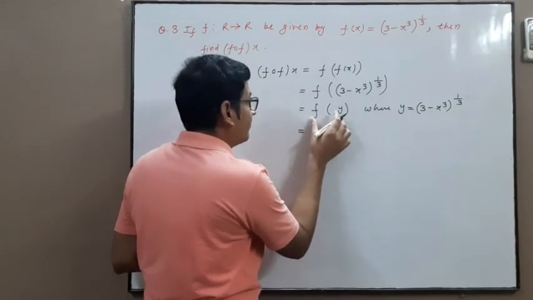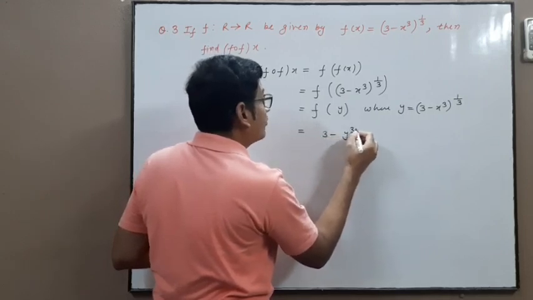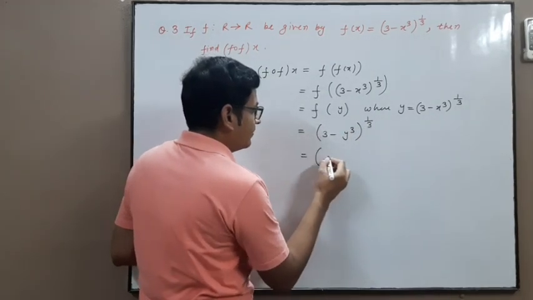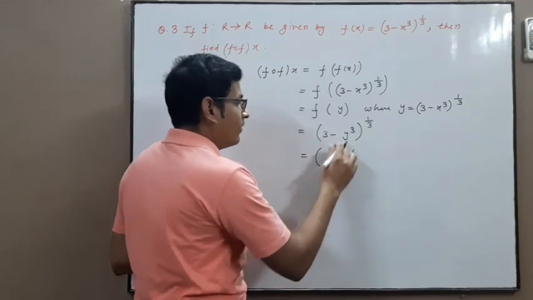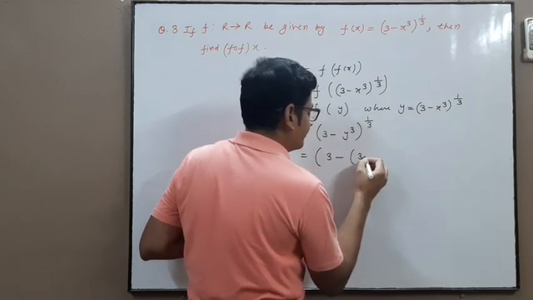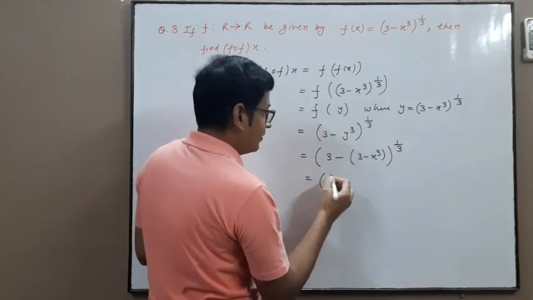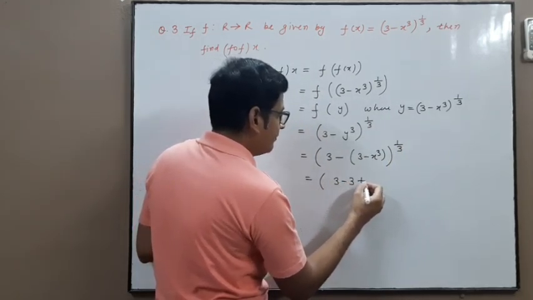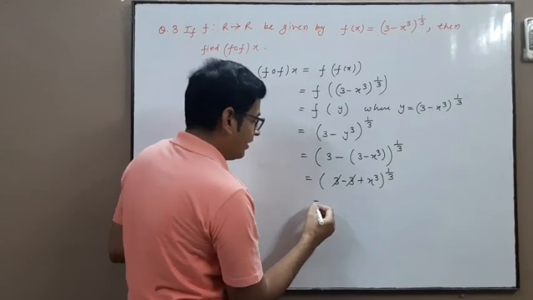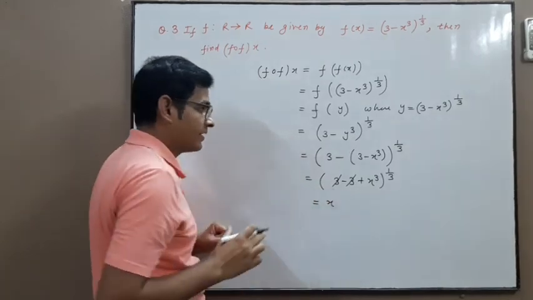Now substitute the value of f(y): f(y) equals (3 minus y cube) whole raised to the power 1 by 3. Next step, y cube equals 3 minus x cube. Open the bracket: (3 minus 3 plus x cube) whole raised to the power 1 upon 3. 3 and 3 cancel. Now the cube root of x cube is x. So f of f of x is equal to x.